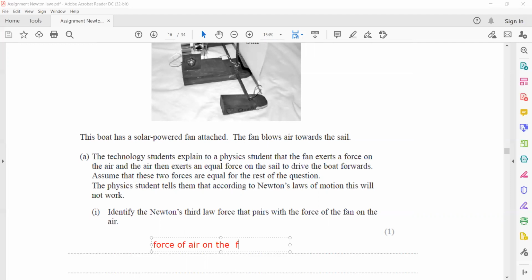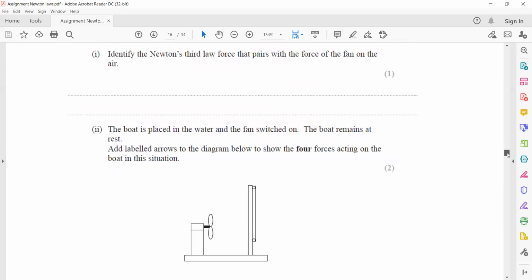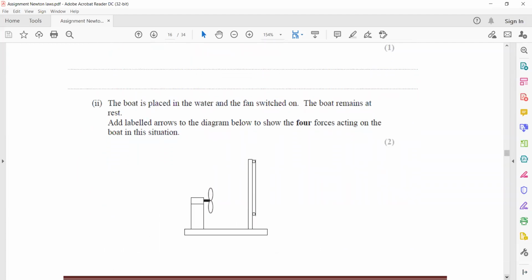So that will be the Newton pair force. A fan applying force on air, air will apply an equal force but in the opposite direction. The boat is placed in water, as you can see, and the fan is switched on. The boat remains at rest. So the physics student was correct that it will not move.